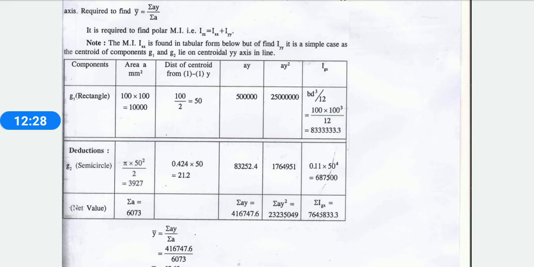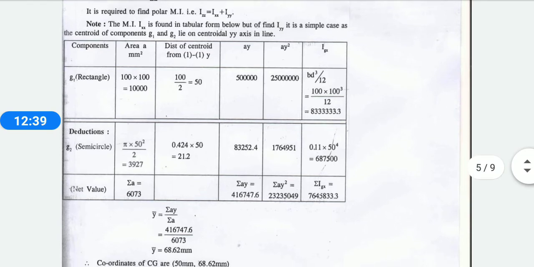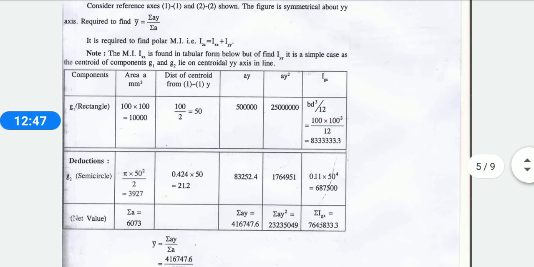For rectangle, it is bd cube divided by 12. Substitute the b value, d value, divided by 12 will give you the I of gx. Same for the semicircle, the formula is 0.11 into r power 4. Substitute the value there and find out your I of gx.